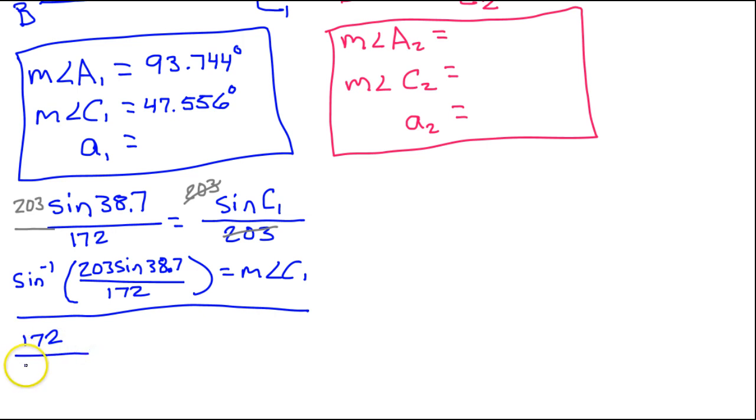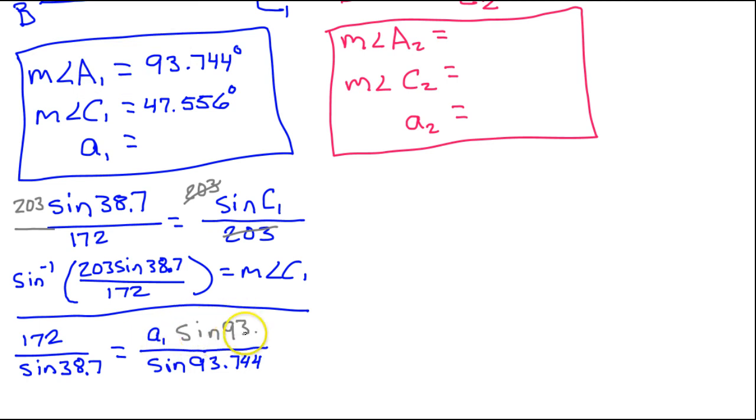So 172 over the sine of 38.7 is equal to, now I'm looking for side A1, so I'm going to say A1 over the sine of angle A1, which is 93.744. So in order to get A1 by itself, I need to multiply both sides by sine of 93.744.